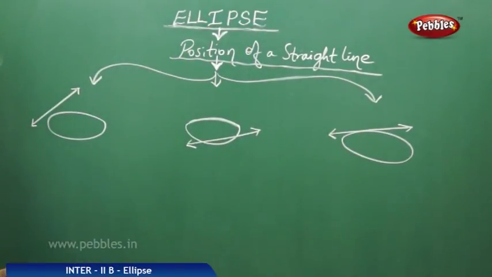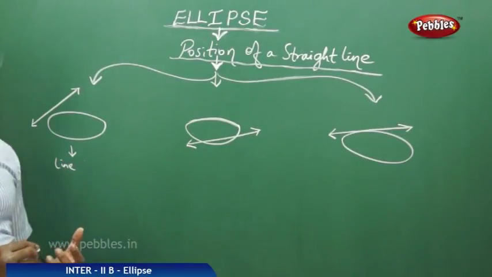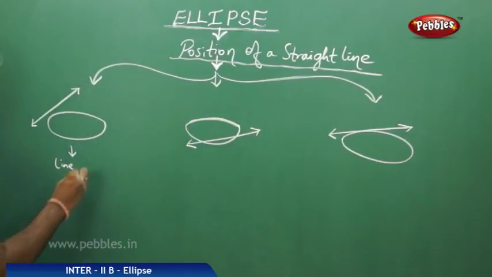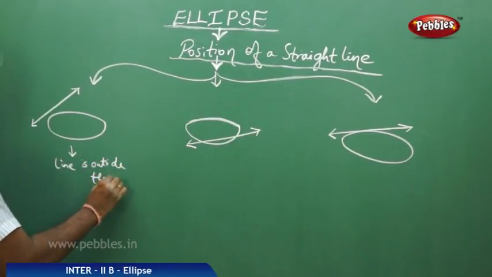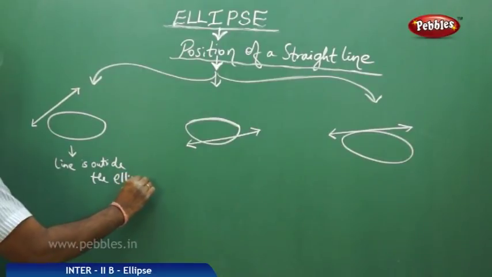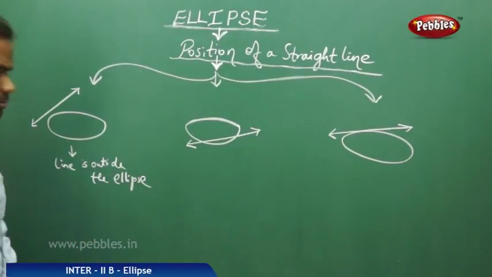So these are the 3 cases which we have for straight lines. One is the line is non-intersecting or disjoint or does not cut. The line is outside the ellipse, then it does not cut the ellipse.